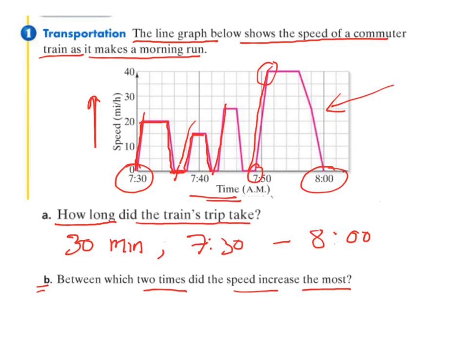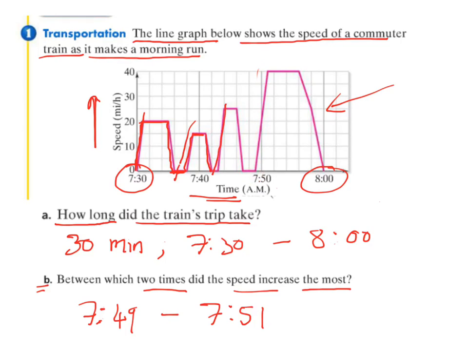So what is the point over here? It is, say, 7:49. So the speed increased from 7:49 to 7:51. So between 7:49 and 7:51, the speed increased the most.